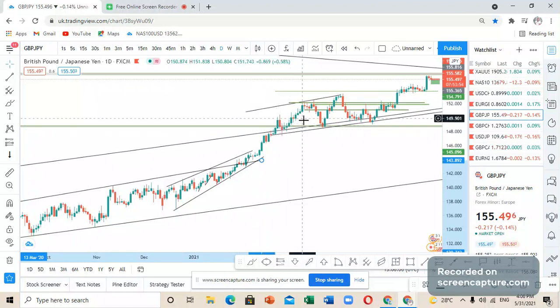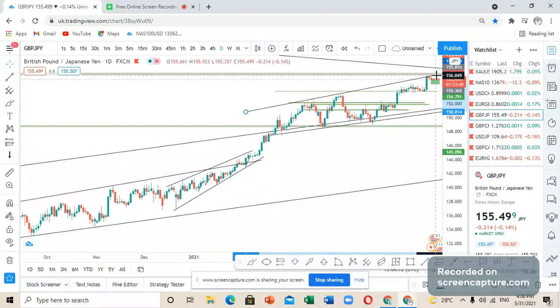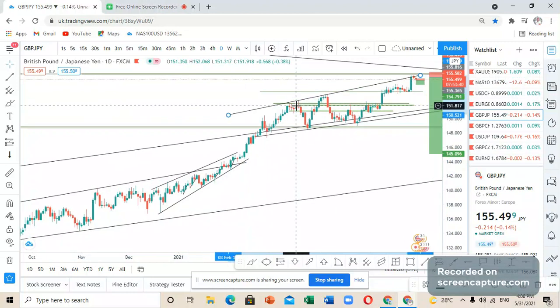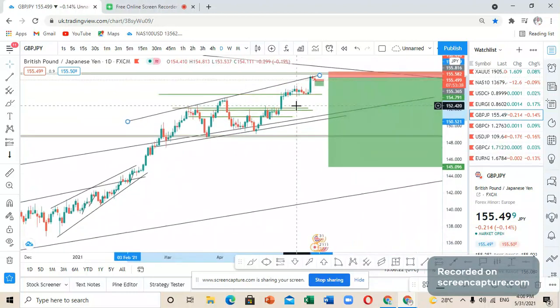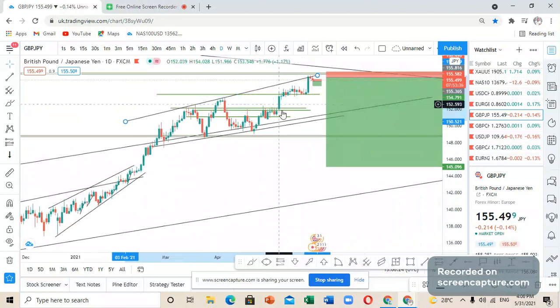Then the markets have been moving in between those two trend lines. If I may extend this, you will be able to see what I'm trying to explain. The markets have been moving in between these two trend lines on the daily time frame.